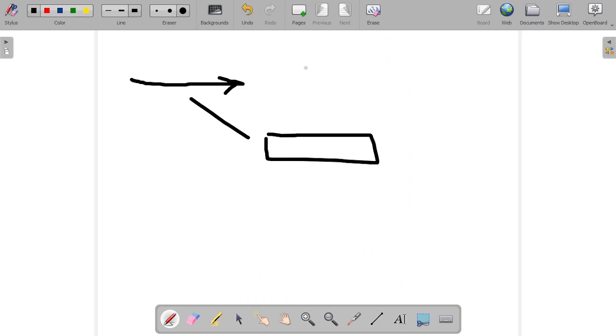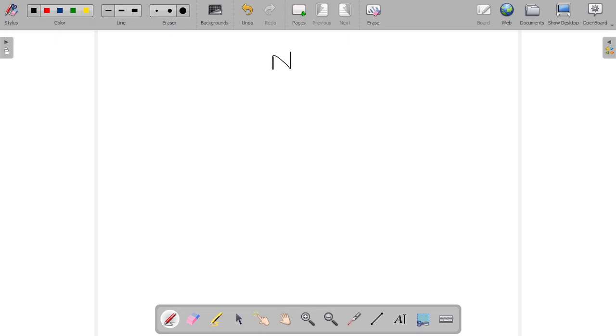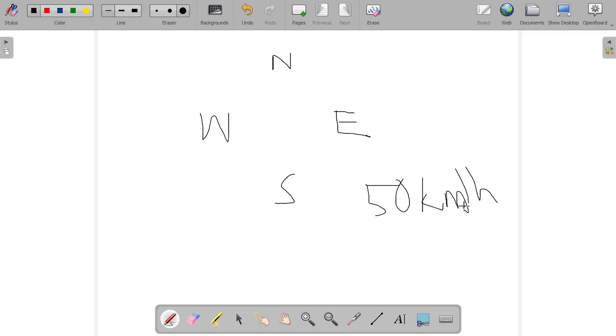So now looking at the directions we have, we have the north, south, east, west. When we state that this body travels with a velocity of 50 kilometers per hour, it travels in the direction of east.